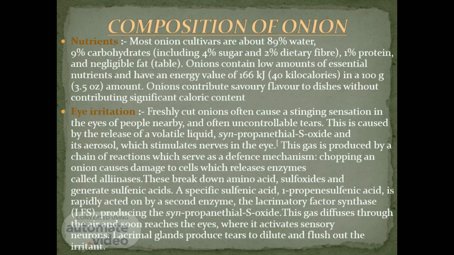Chopping an onion causes damage to cells which release enzymes called alliinases. These break down amino acid sulfoxides and generate sulfenic acids. A specific sulfenic acid, 1-propene sulfenic acid, is rapidly acted on by a second enzyme, the lachrymatory factor synthase, producing the syn-propanethial S-oxide.